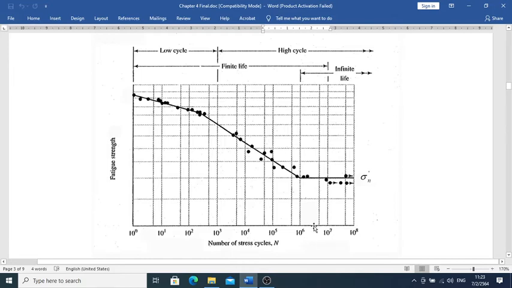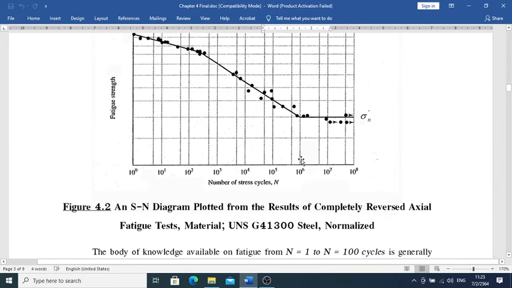Some standards go for higher requirements, like 10 to the power 7, rather than 10 to the power 6. But for normal machine design, we just make the requirement 10 to the power 6. In conclusion, we just meet 10 to the power 6 for the ISO standards.